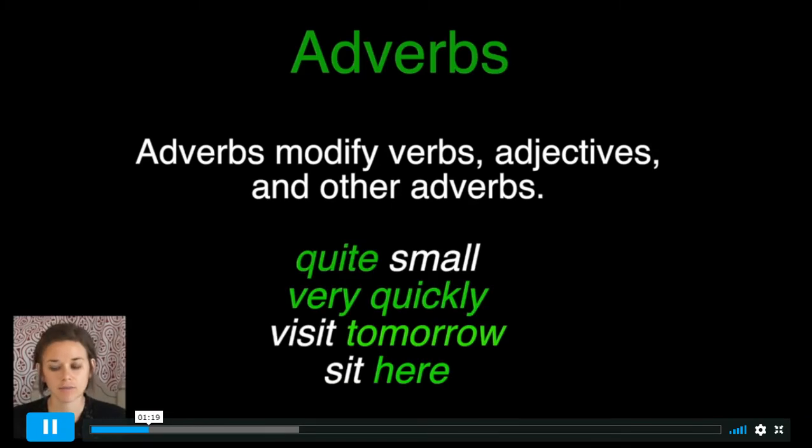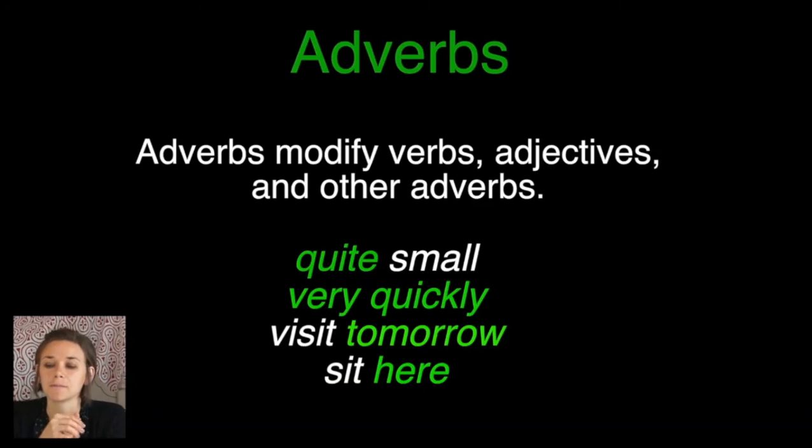Quite small, very quickly, visit tomorrow, and sit here. Those are the examples we're going to be checking out. Let's start with quite small. Quite is an adverb, and it's telling us about the word small. Small is an adjective. Remember that adjectives tell us more about nouns or pronouns. So small is telling us about a noun or a pronoun, and quite is telling us more about that adjective.